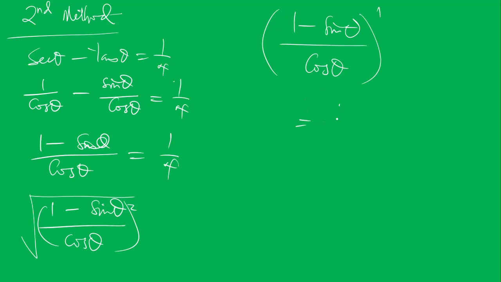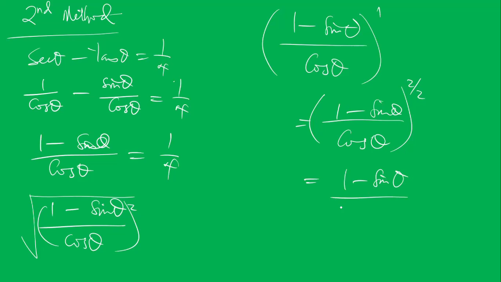And it's the same thing as saying 1 minus sine theta all divided by cos theta all raised to power 2 all over 2. And this 2 over 2 is the same thing as saying 1 minus sine theta divided by cos theta raised to power 2 over 1 times 1 all over 2.